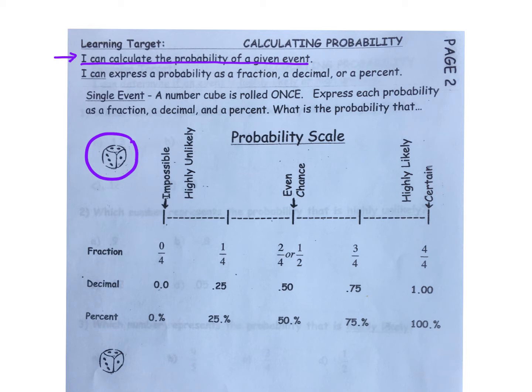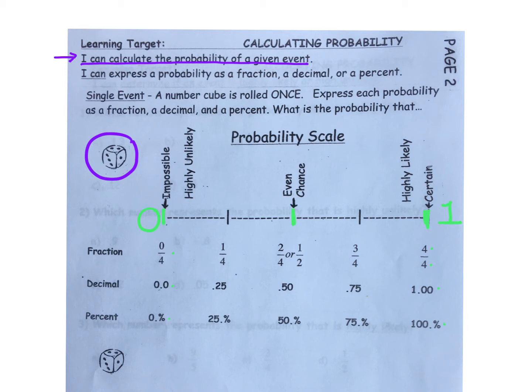Let's take a look at our probability scale for a moment. Remember, when you're here on the probability scale, it's a 0 probability, 0/4, 0, or 0%. When you're on the other end, we have a probability of 1, 4/4, 1, or 100% chance of occurring.